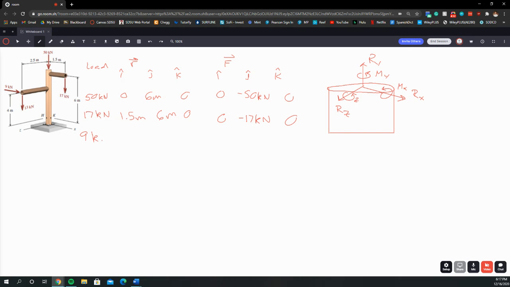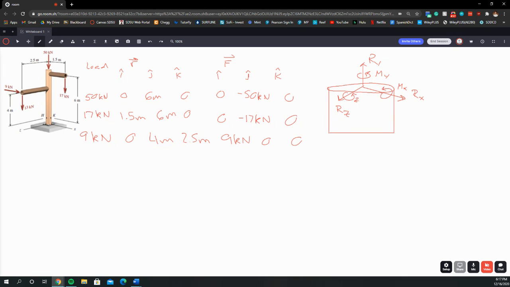This time it's going in the positive x direction, but the position is 0 in the x, up 4 in the y, and then over 2.5 in the z. And it is a 9 kilonewton force, positive x direction.